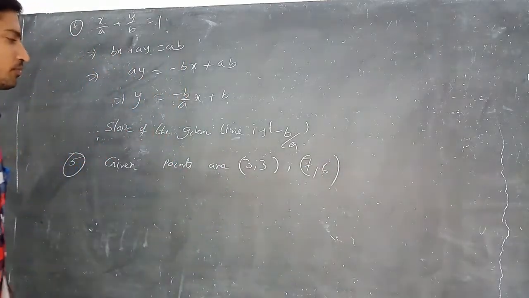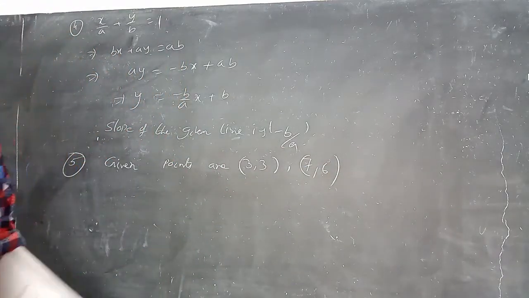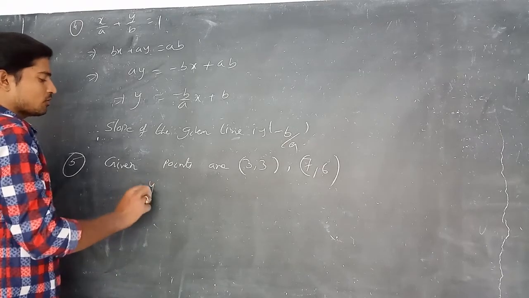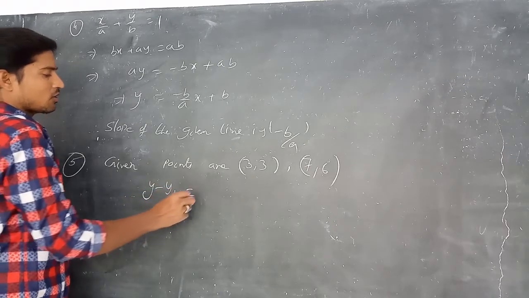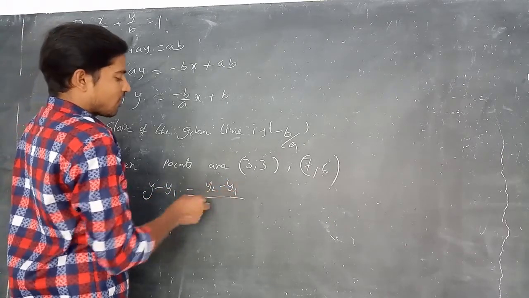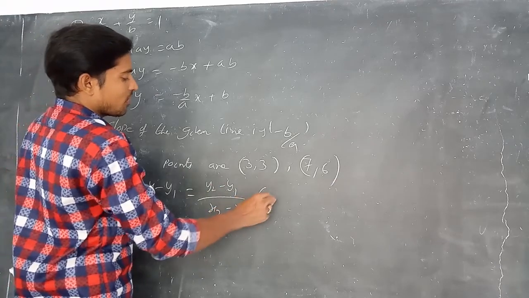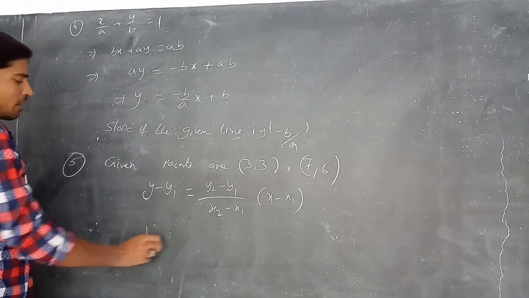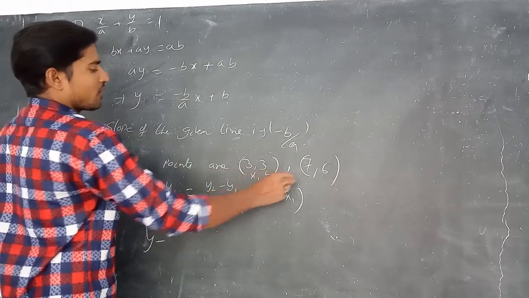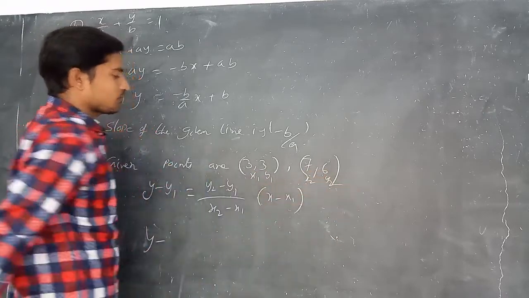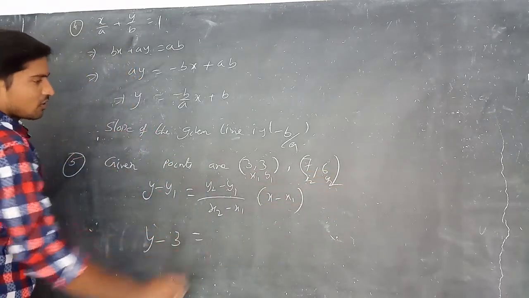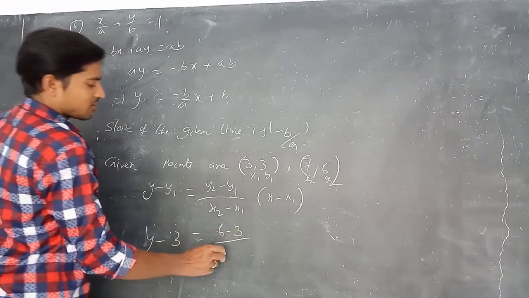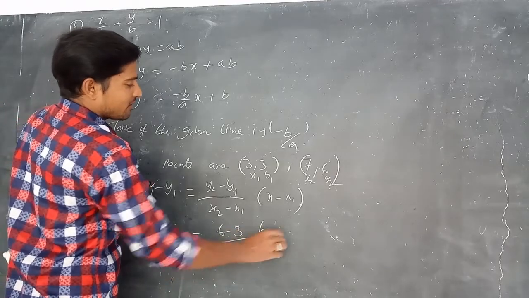Find the slope. When the 2 points are given, then the equation form is y minus y1 is equal to y2 minus y1 by x2 minus x1 into x minus x1. This is the equation form. So let us suppose x1 y1 x2 y2. y minus y1 is equal to y2 minus y1, 6 minus 3, x2 minus x1, 7 minus 3, x minus x1, 3.